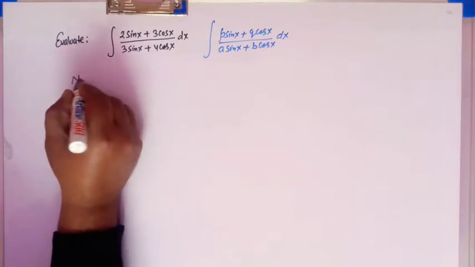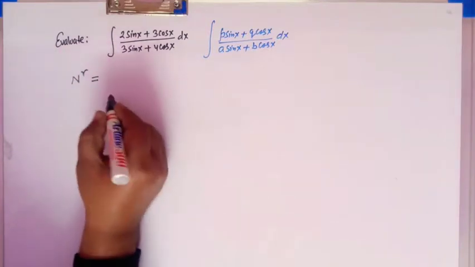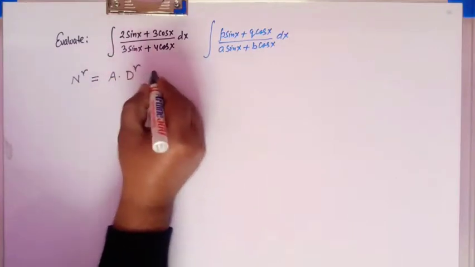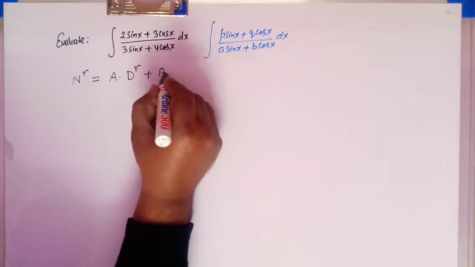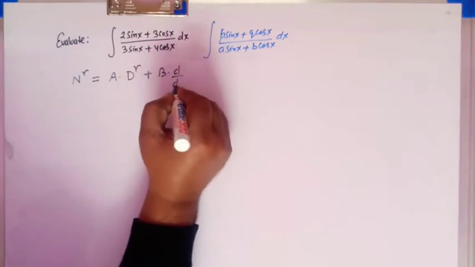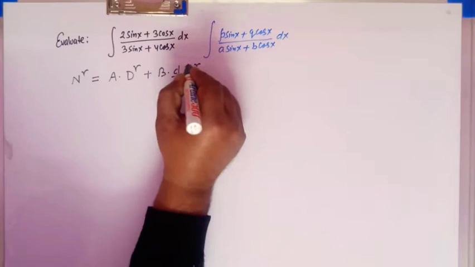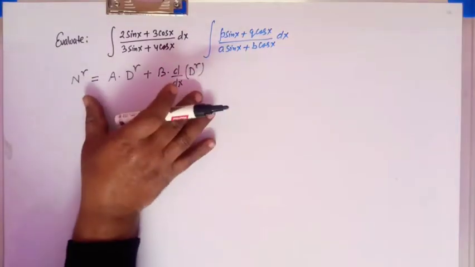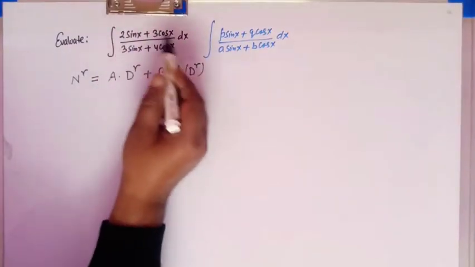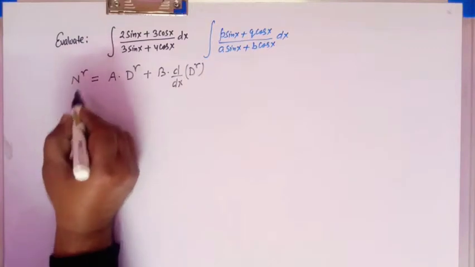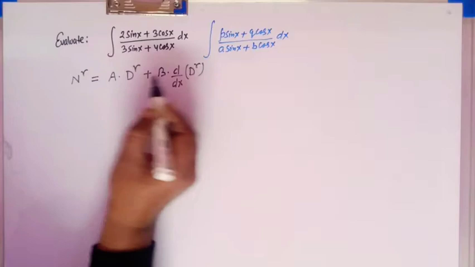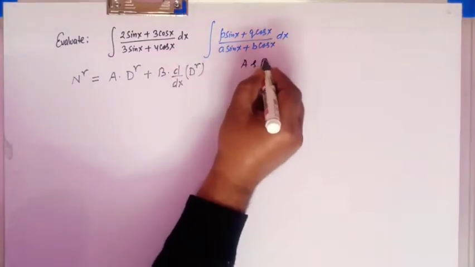The numerator is expressed as a times the denominator plus b times the derivative of the denominator. This is the rule by which we are going to evaluate this indefinite integral. Here a and b are two constants.